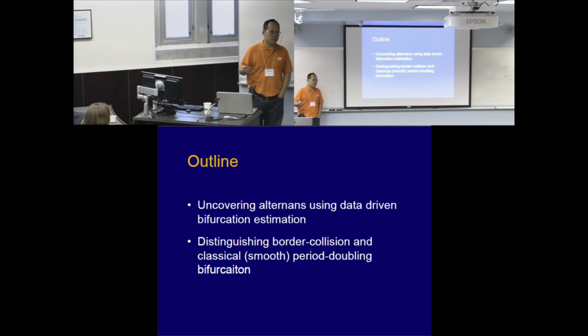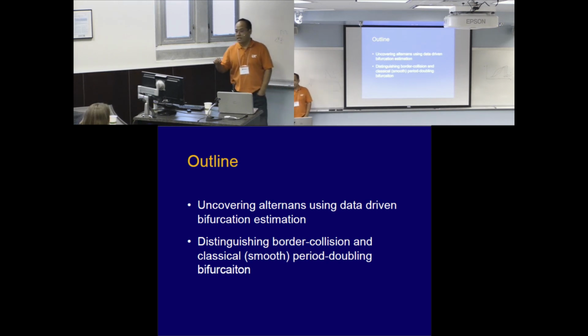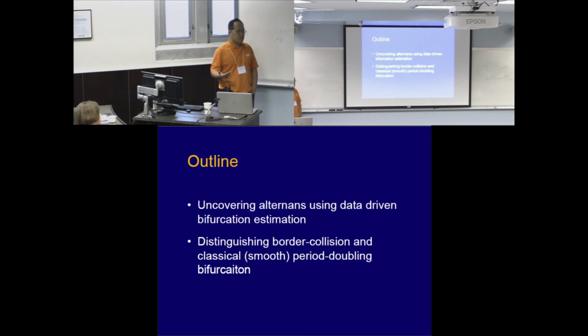It can be a cell or tissue, using a data-driven method. So we're not going to assume a restitution curve or another underlying model. We're going to look at the data, look at the transient response, and by examining how the trajectory changes, evaluate the eigenvalue so that we can predict bifurcation.